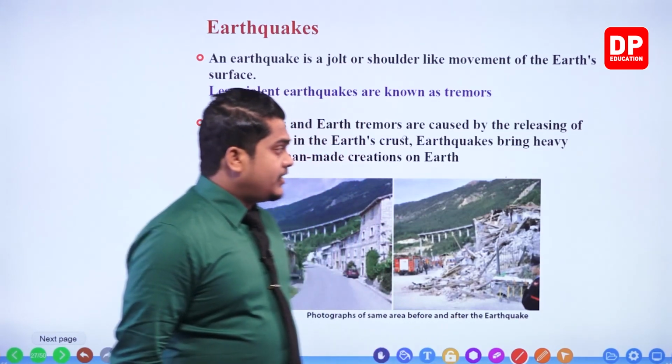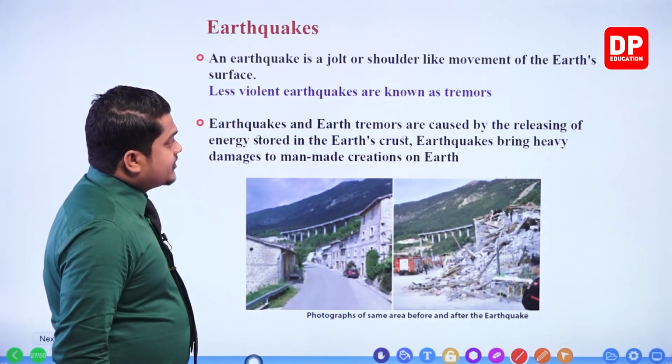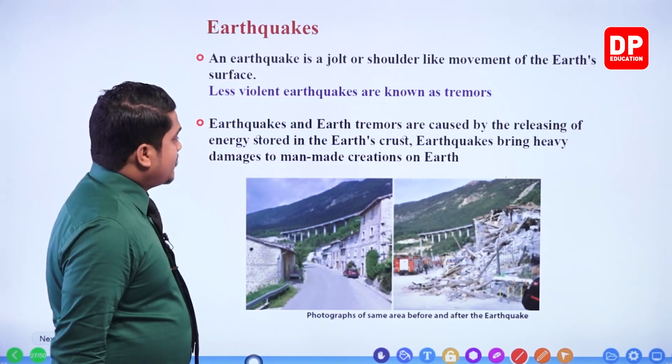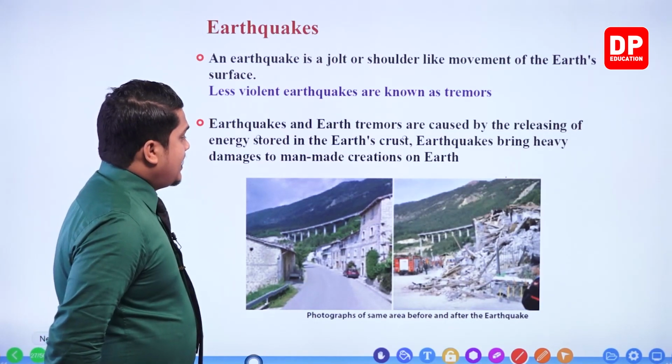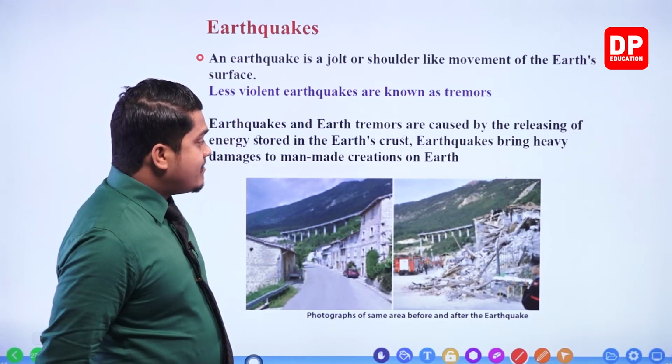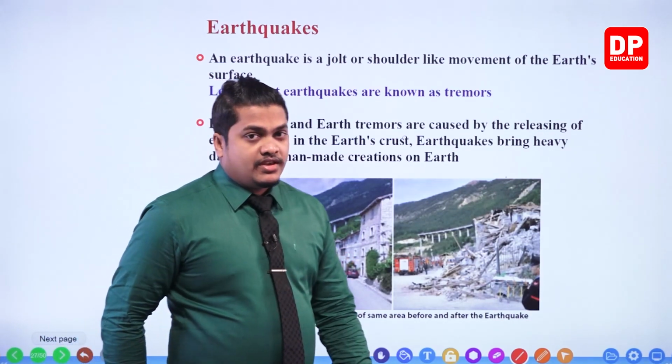So here it is given, earthquakes and earth tremors are caused by the release of energy stored in the earth crust. Earthquakes bring heavy damages to man-made creations on the earth.